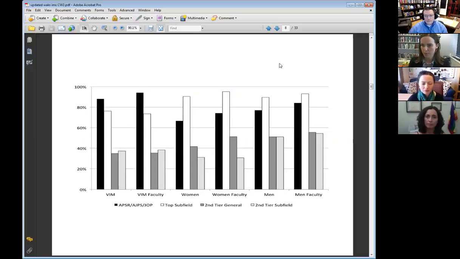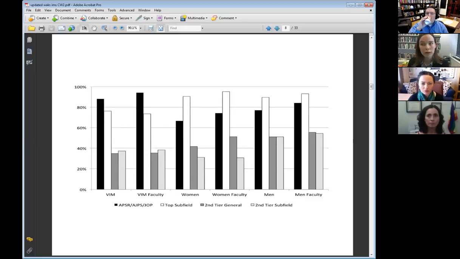What you should see with these two black bars that stand out is that women who've attended VIM, and particularly faculty members who've attended VIM, report sending their work to top general journals at higher rates than anyone else we surveyed. And we think about what is ultimately going to lead to someone being perceived as an expert. Publication in top outlets in our field is likely to facilitate those perceptions.